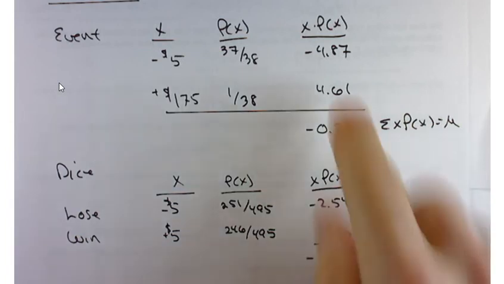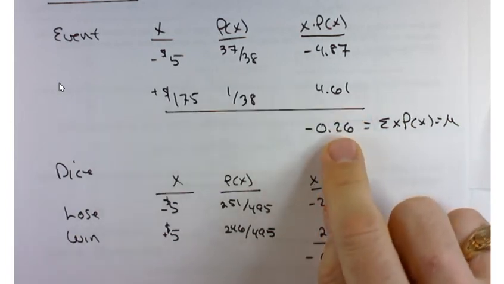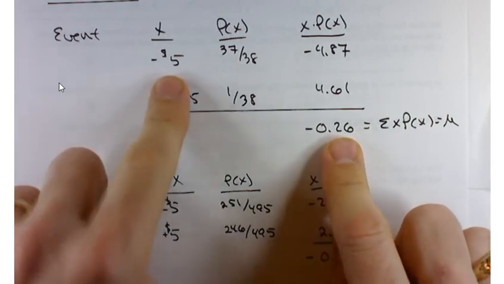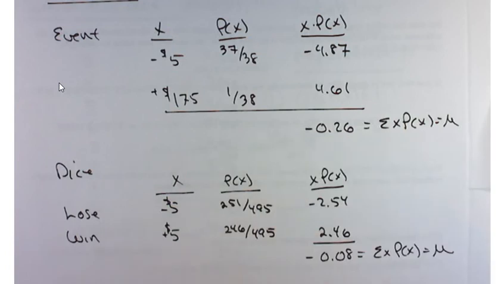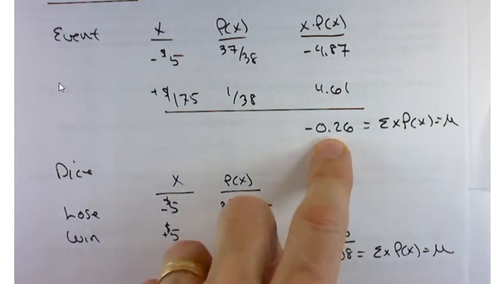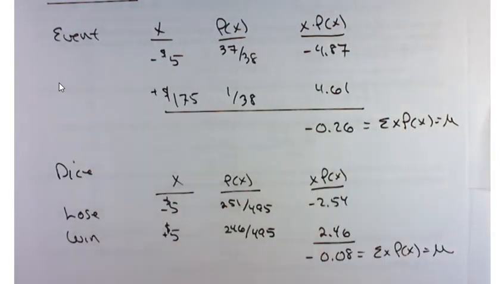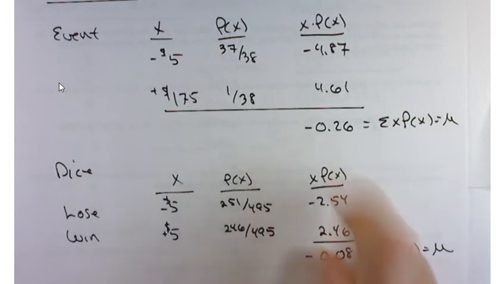If you've bet $1,000, that would be 200 of these bets. So 200 times that is $51.20 on average is what you'd be losing. But it's an average. It's not telling you what's going to happen on any particular event. And the negative there reflects, at least in these two examples, that you're going to lose money on average.